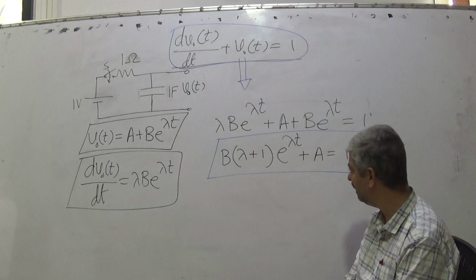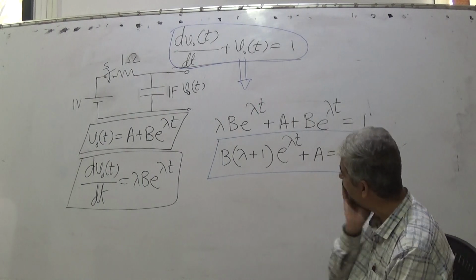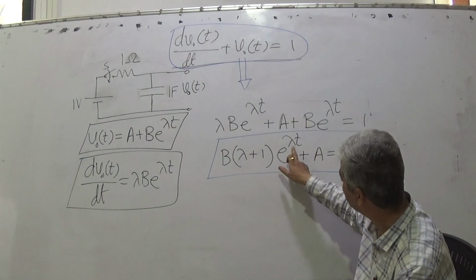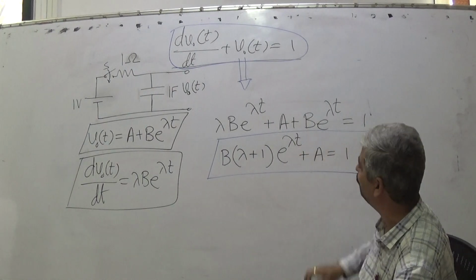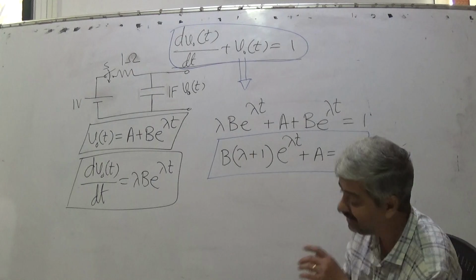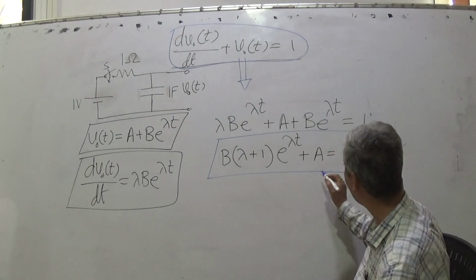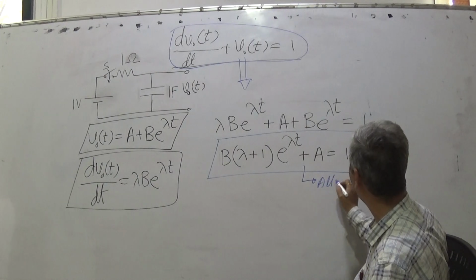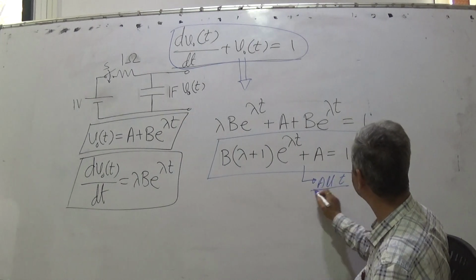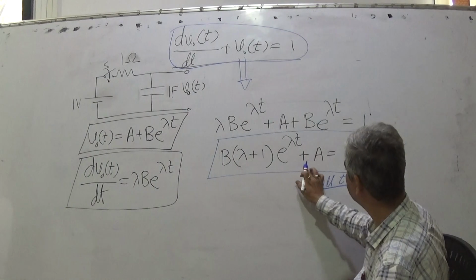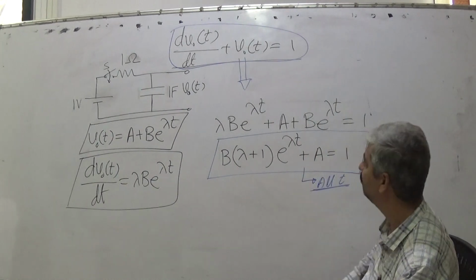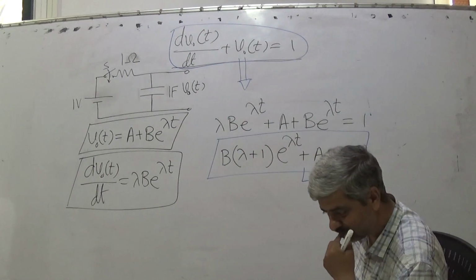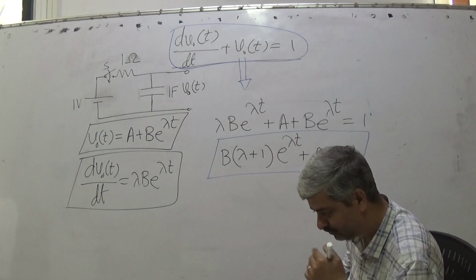So now how do you find it? B into bracket lambda plus 1 e raised to lambda t plus A is equal to 1, and this should be satisfied for all t. For all t, this must be satisfied, right? Now how do you proceed?